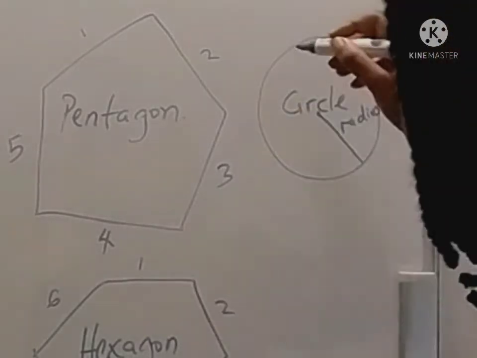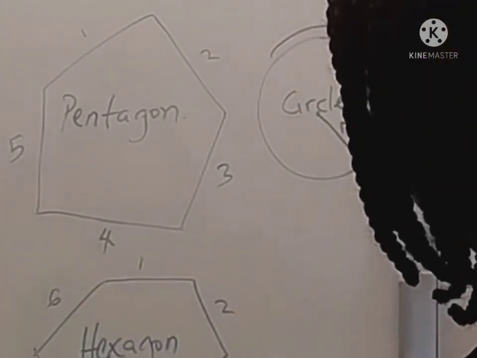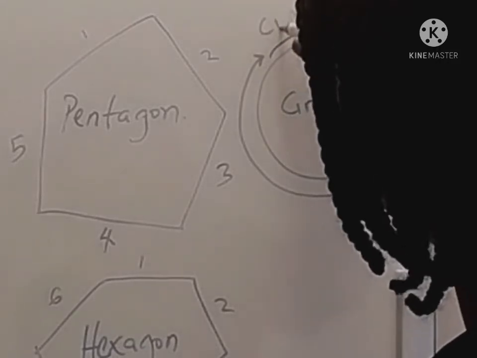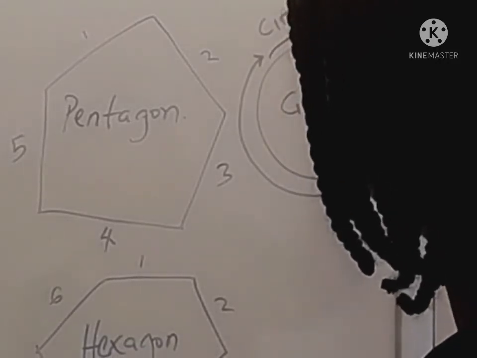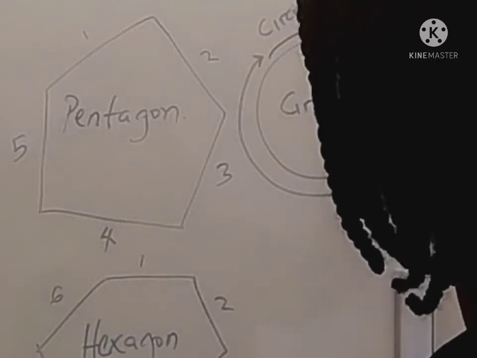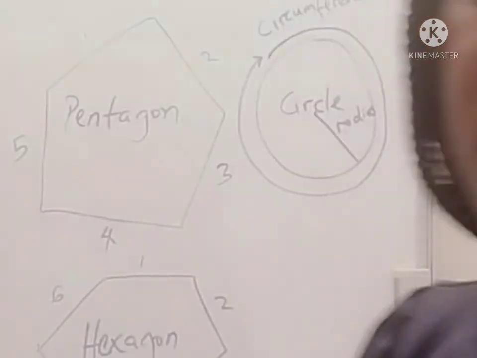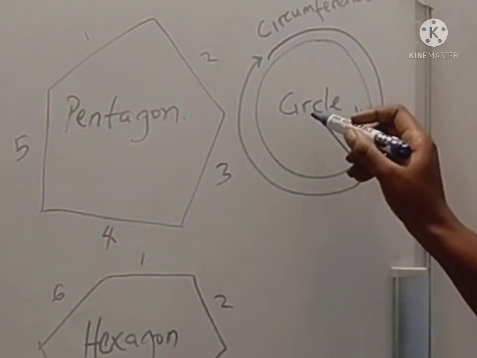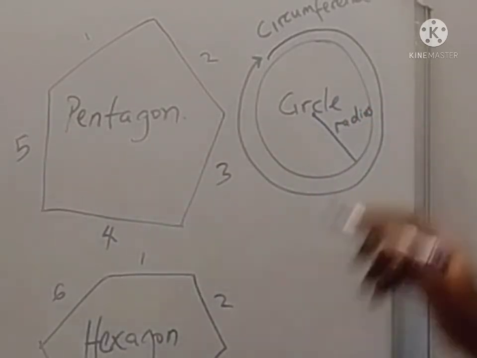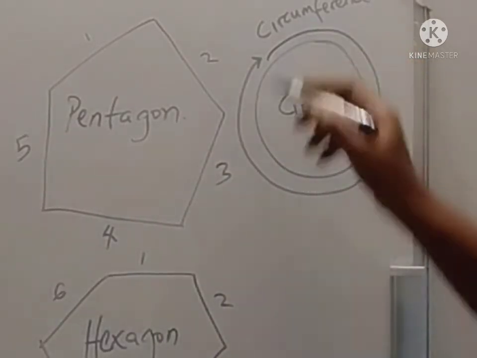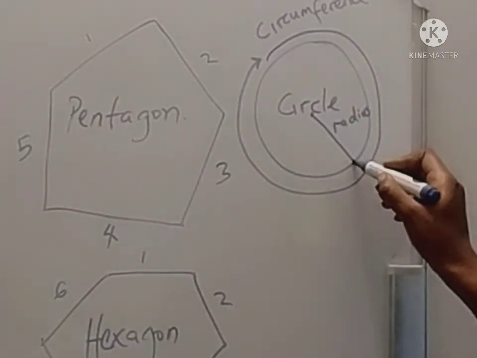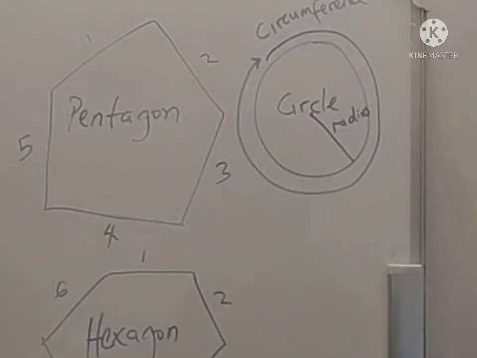The distance around the circle, if you walk around the circle, is the circumference. From this side to this side is the radius of the circle.